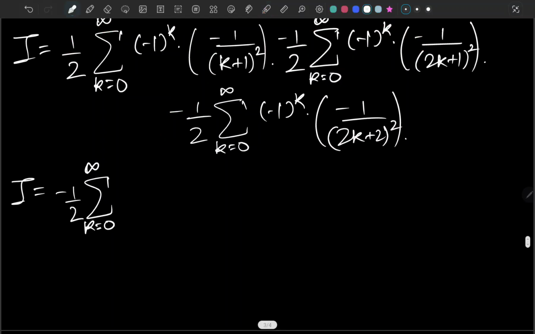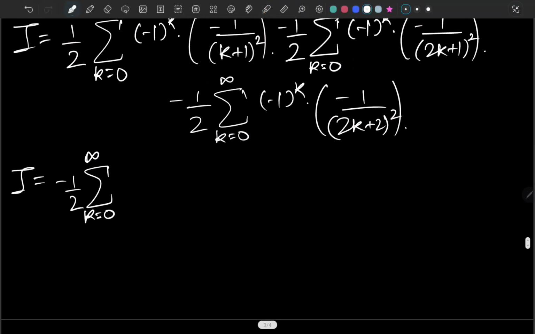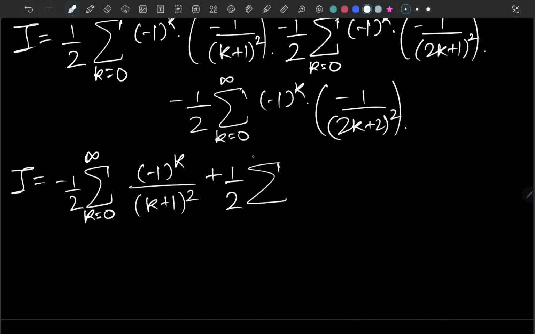So let's do that carefully here. We are having negative 1 to the k over k plus 1 whole squared, right? Next 1 over 2, the sum as k goes from 0 to infinity of negative 1 to the k over 2k plus 1 whole squared.